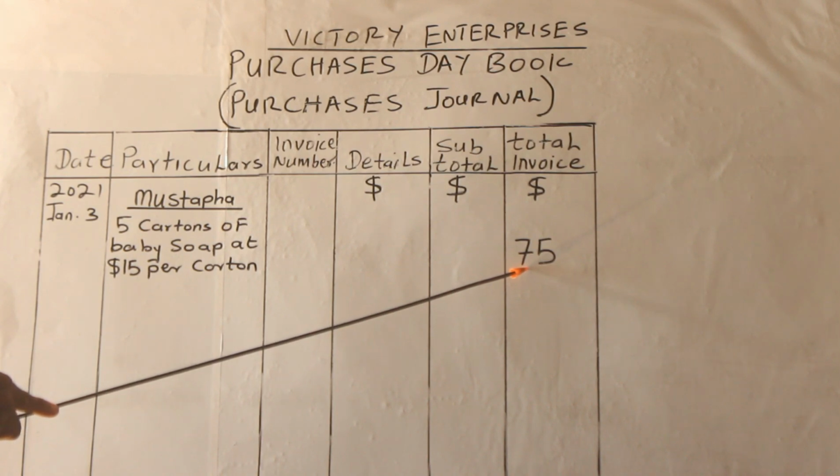Let us also assume that on the 5th of January 2021 we purchase goods from Ben costing $50. Now they didn't tell us what we purchased, but we believe that this purchase is on credit because Ben's name has been mentioned.